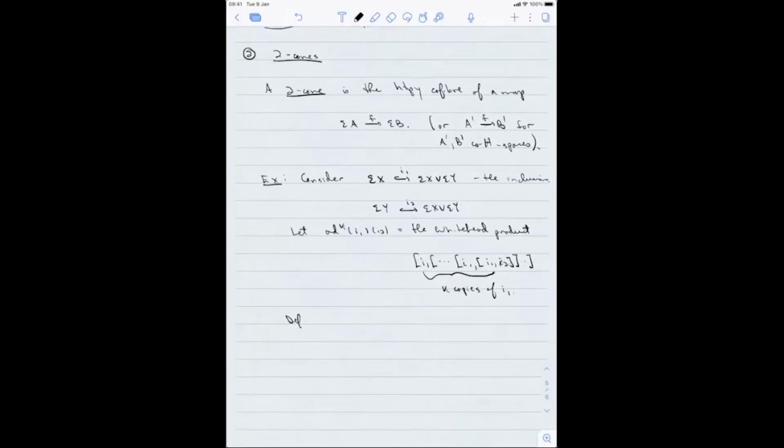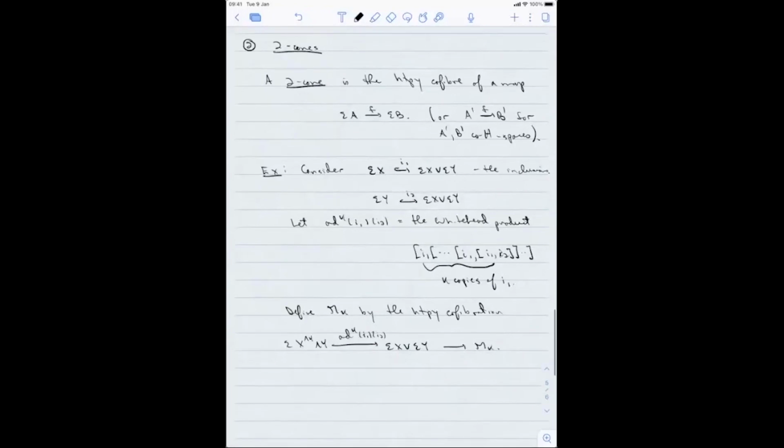And let's define M_k by the homotopy cofibration: we start with the wedge and attach by ad^k. It's coming from the suspension of a k-fold smash of X smashed with Y. The cofiber we'll call M_k.